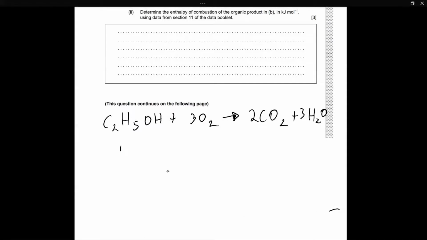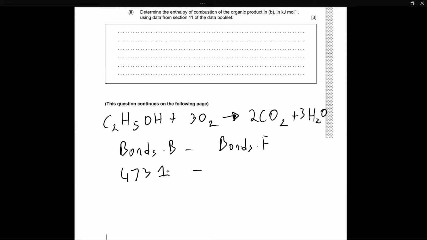So I'm just going to keep the equation here, bonds broken minus bonds formed. So this is 4,731 minus, now I've already calculated the enthalpy of the bonds formed.